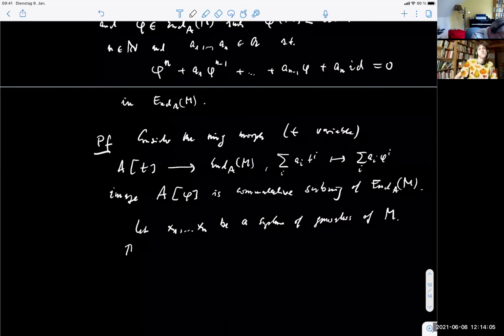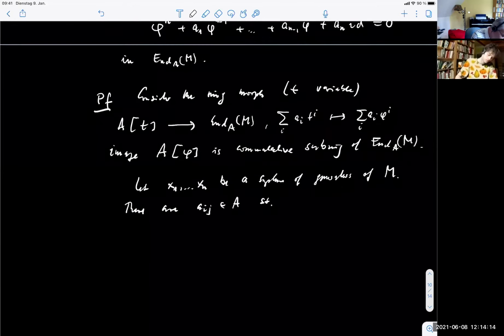There are elements a_ij in my ring A such that phi of x_i is the sum over j of a_ij x_j. Sorry, I want to have x_i here. So this is exactly what you do when you define the matrix representing a linear endomorphism. It's exactly the same. Right, that's what I want.